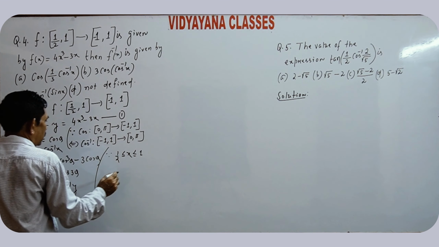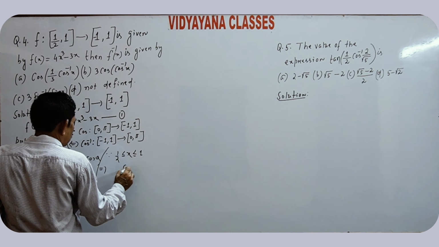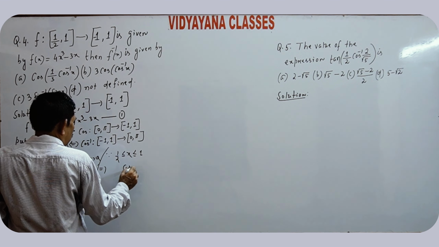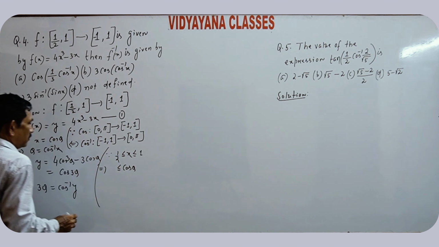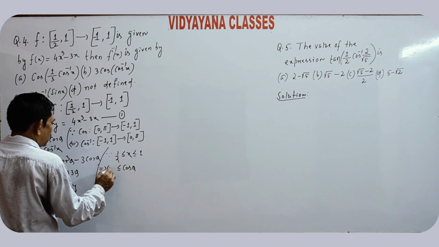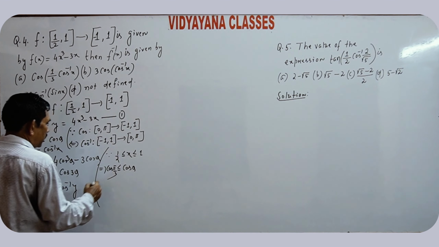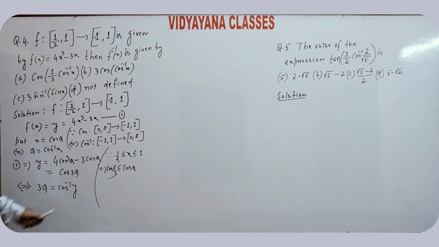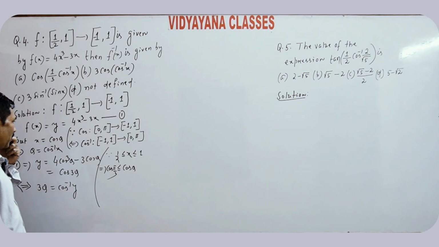x is cos theta, which implies cos theta is greater than or equal to cos pi by 3. Cos 60 degrees is equal to half.